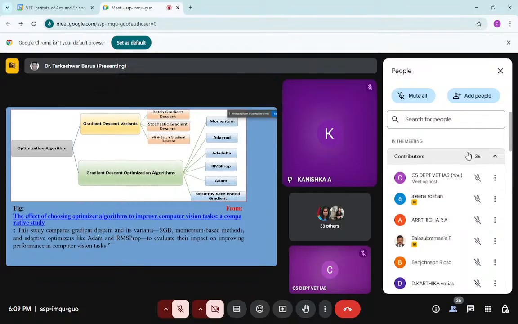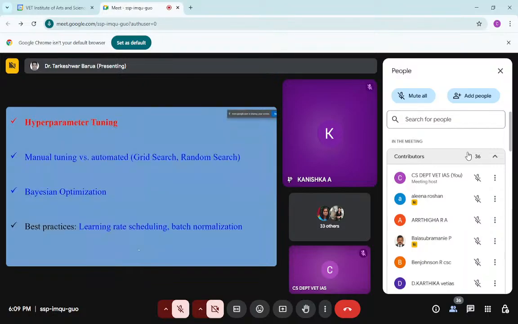So this study compares momentum, gradient descent with momentum, AdaGrad, AdaDelta, RMSprop, Adam, and NAG. These optimization techniques we can use in different aspects or different applications.